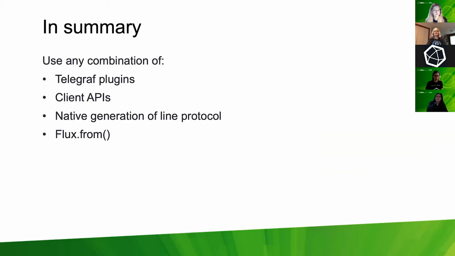So whether you have Telegraf plugins that you're using, whether you're using the client APIs, whether you just natively generate line protocol directly from within your application, or whether you use the Flux from methods, I hope you find it very straightforward to get your data into the InfluxDB environment so that you can then start using it to really drive business value from that data, whether it's to understand what's going on in your world, whether it's to drive actions, alerts based on that data.